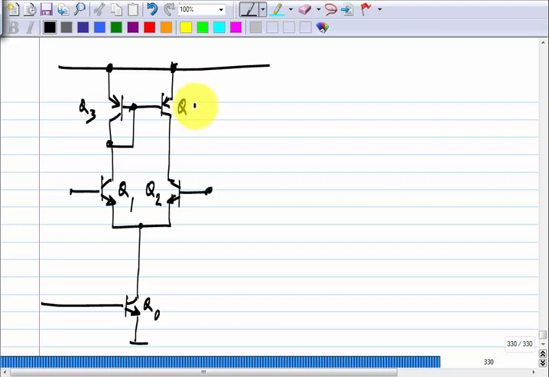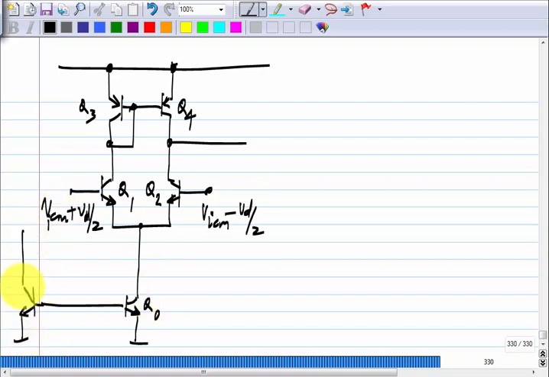I mean, bipolar transistors. And then you have VCM plus VD by 2 and VCM minus VD by 2 here. And this comes from a current mirror.